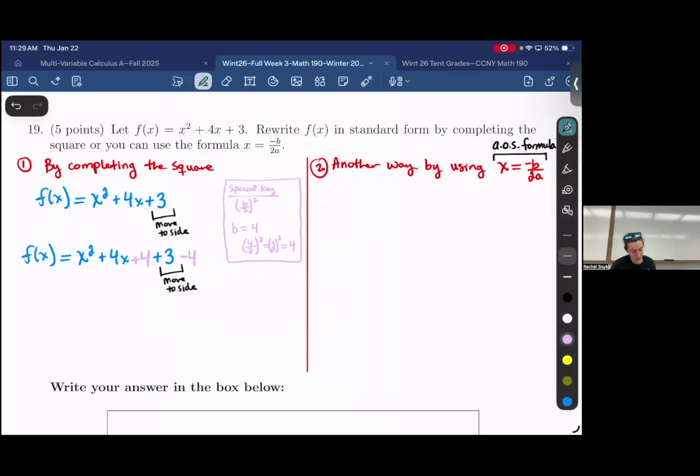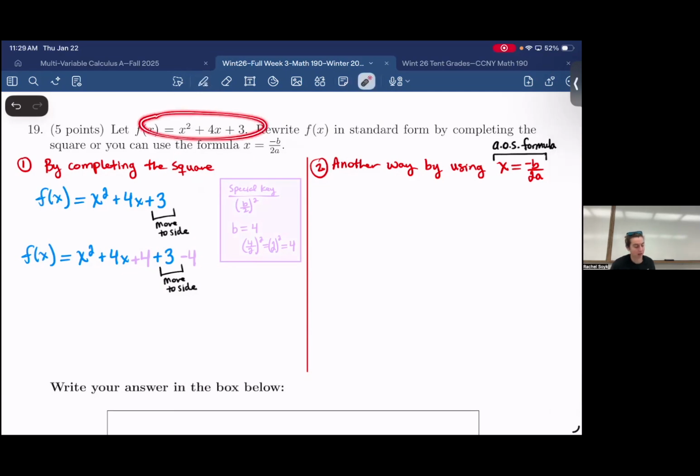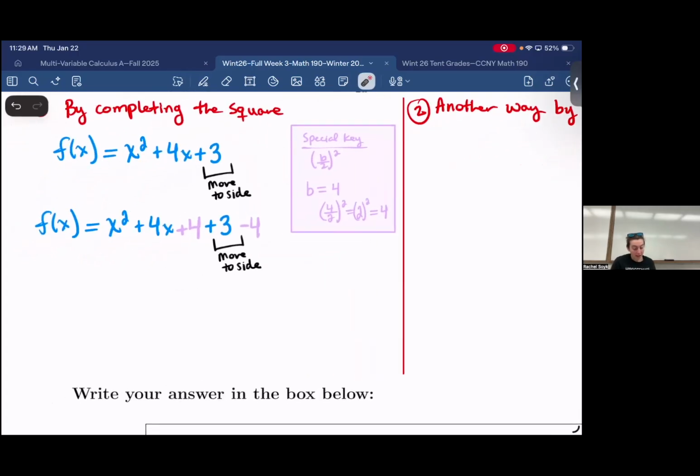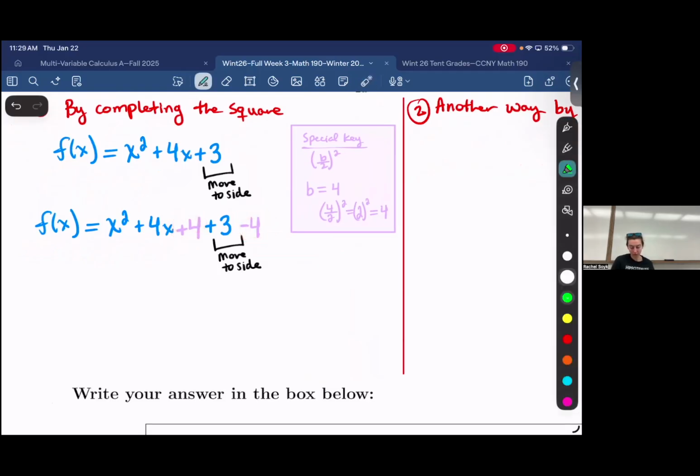Yeah, essentially we're changing this quadratic so that it's in perfect square form. And now that we have this manipulation tool, right, adding 4 and subtracting 4 doesn't do anything to the equation, but it manipulates it so what we have in yellow, we can factor it completely.